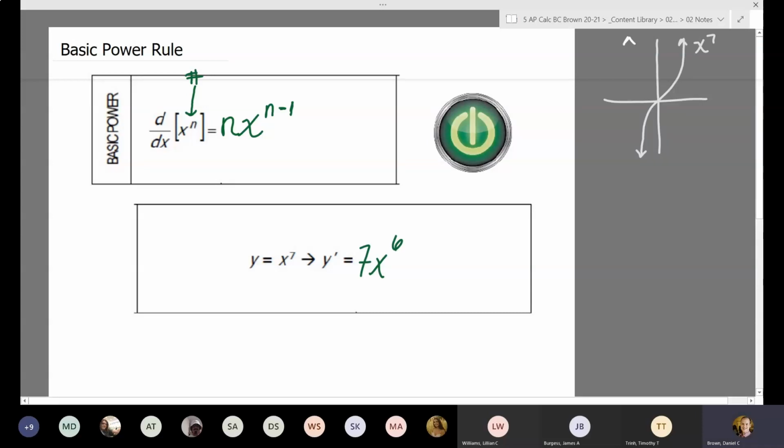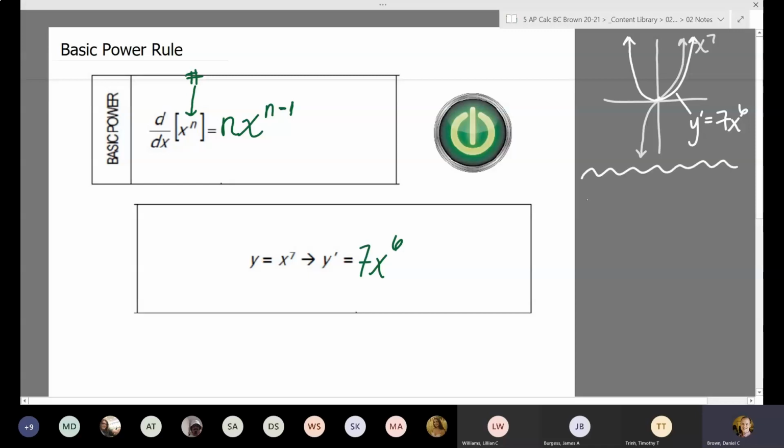It still has positive slopes, but it's concave down, so the derivative would be decreasing. And then the function is still increasing, but now it's concave up, so the derivative would also be increasing. That derivative that we drew is exactly the equation 7x to the 6th power. The other place where these rules are coming from is the traditional definition of the derivative.